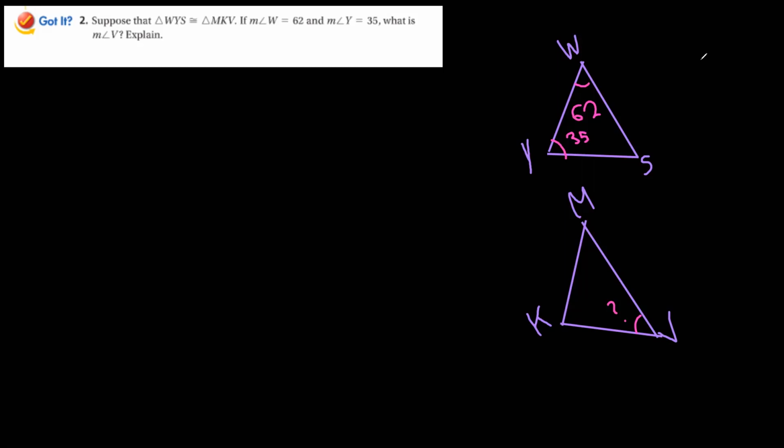Look at me here. We have W and Y, and he asked me about angle V. But angle V is in the second shape, it's not in the first shape. So how can I solve it? Who can tell me?